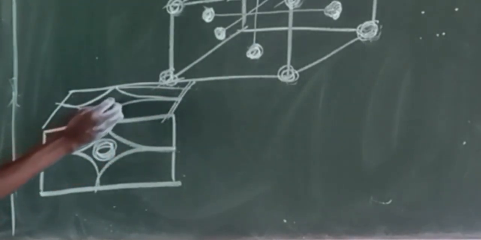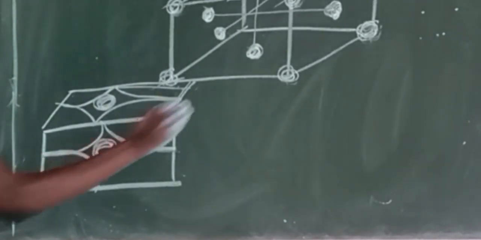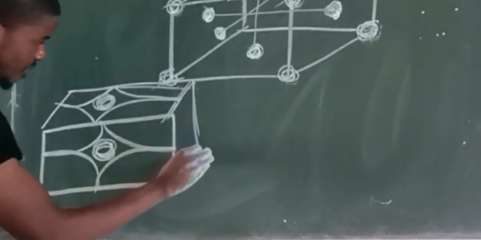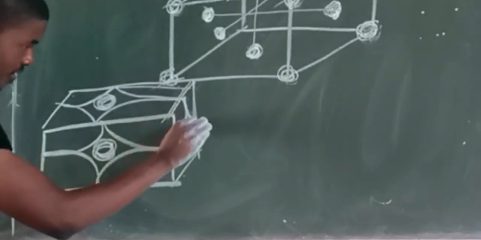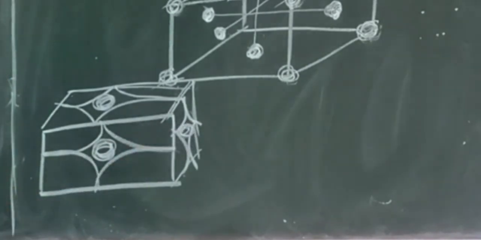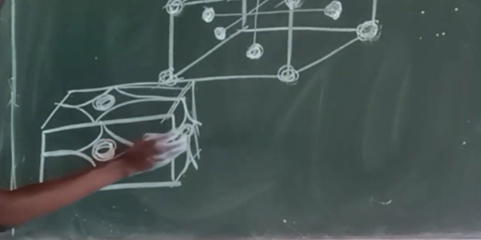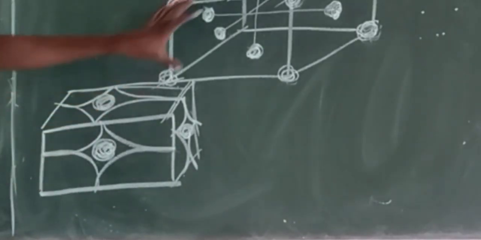On this face as well, we have another central atom connected here. If we also draw this other side, we have corner atoms, and on each of these faces, we have central atoms situated, something like this. So this is just like a 1D view, and this is like a three-dimensional view.